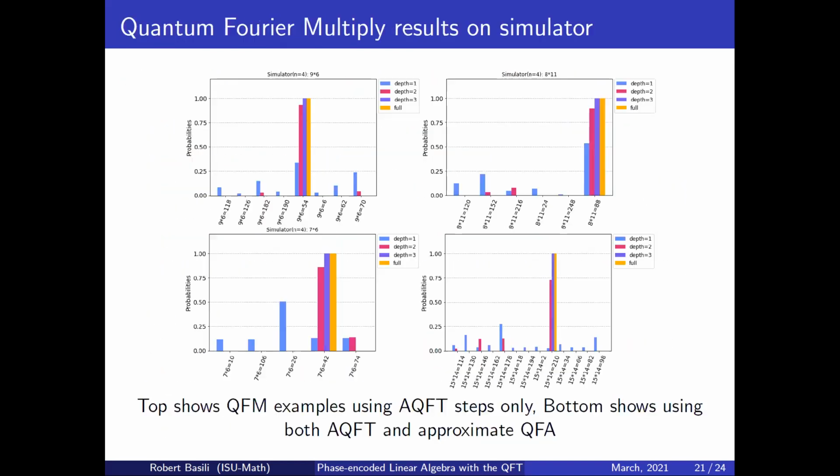That's why I couldn't do Fourier Multiply. No matter how many times I ran it, I would just get more noise when trying to run on Melbourne, because it was simply too deep a circuit for Melbourne to keep its qubits in a coherent state.